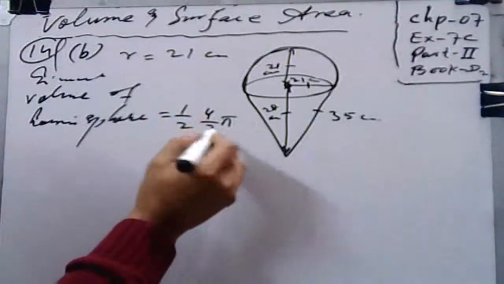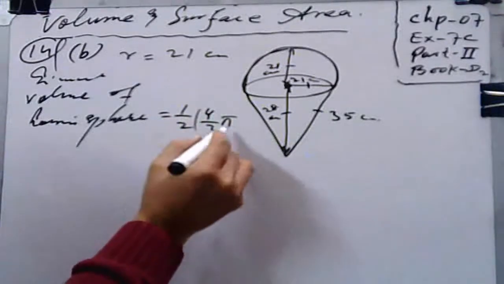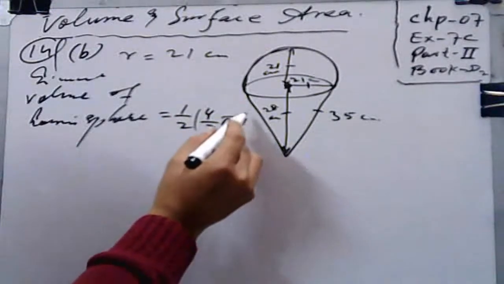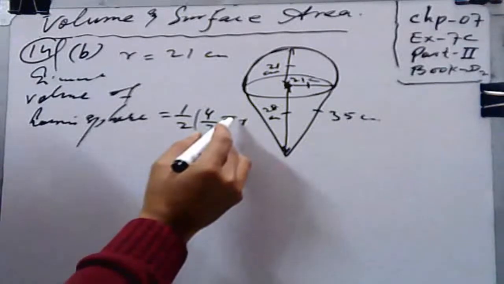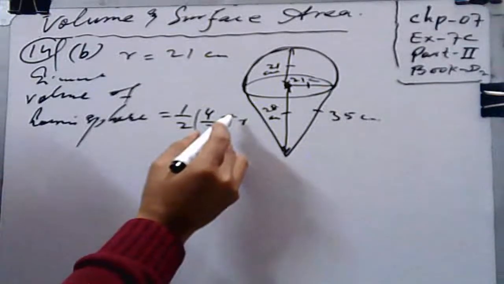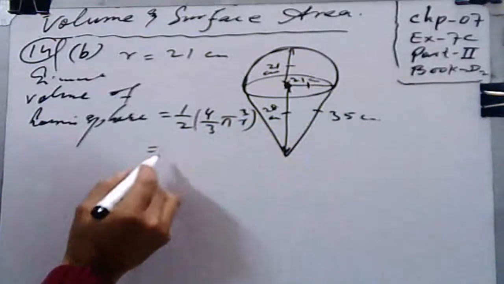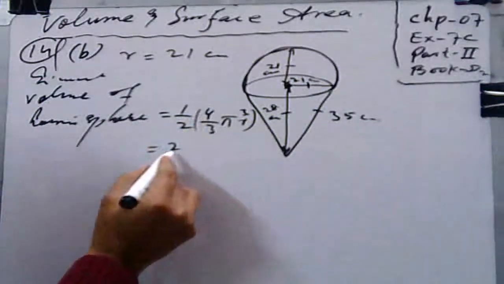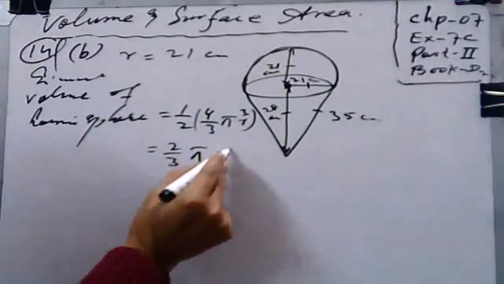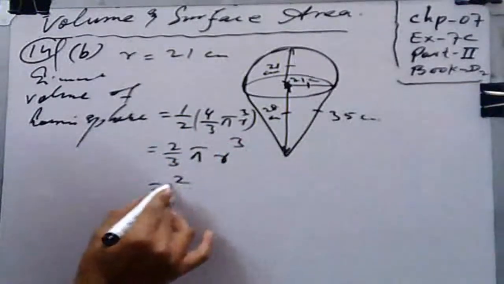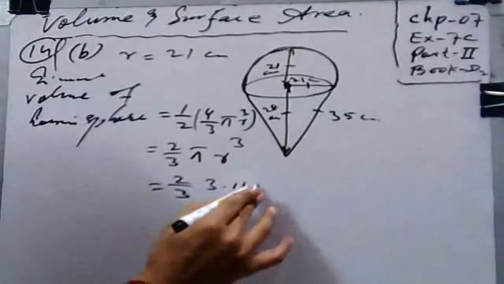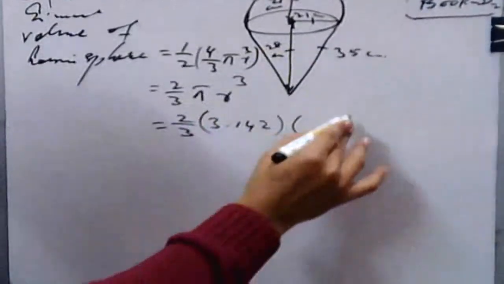So putting the values after simplification, 2 by 3 pi r cube, 2 by 3, the value of pi is 22 by 7, the value of r is 21. So after simplification you will get 19398.71 centimeter cube. So it is the volume of hemisphere.